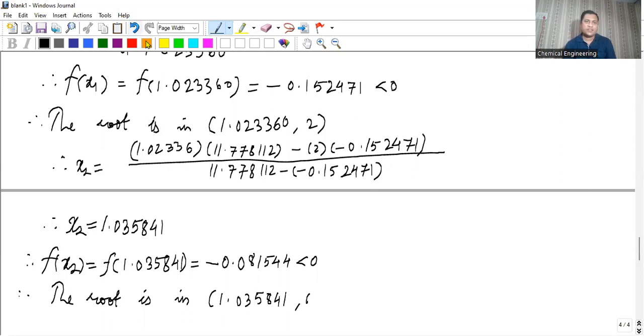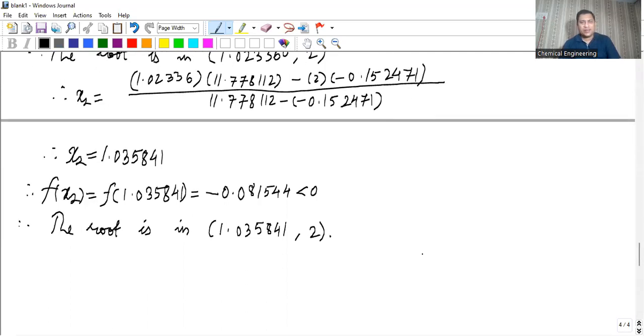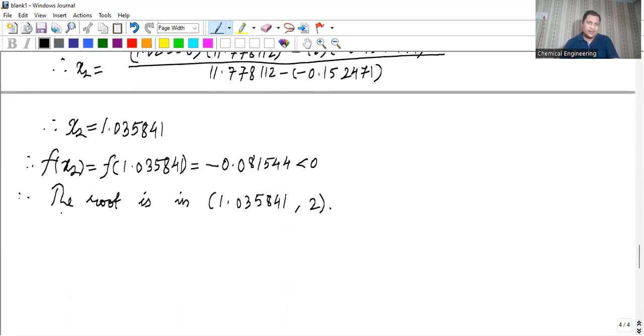So can I say that the root lies between 1.035841 and 2? Is this statement okay? Yes, sir. Okay. So once we get this one, then we can calculate the next approximation.